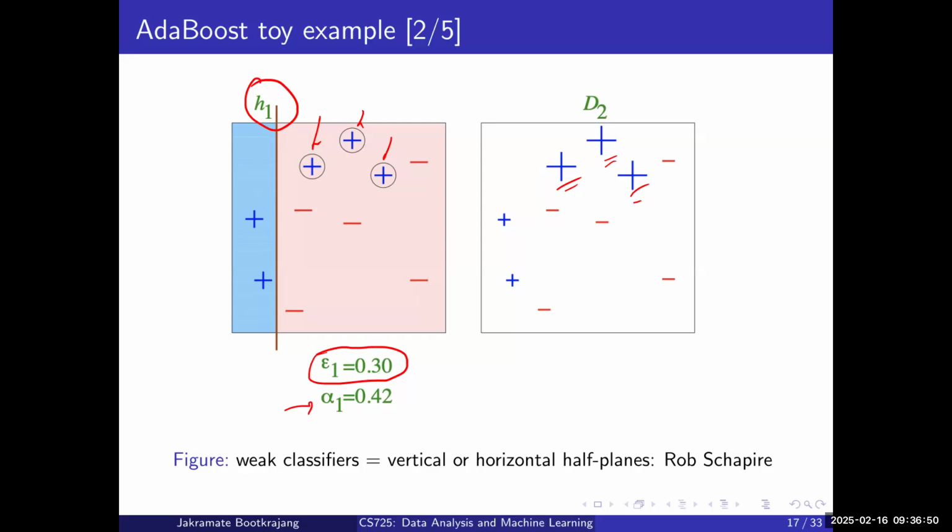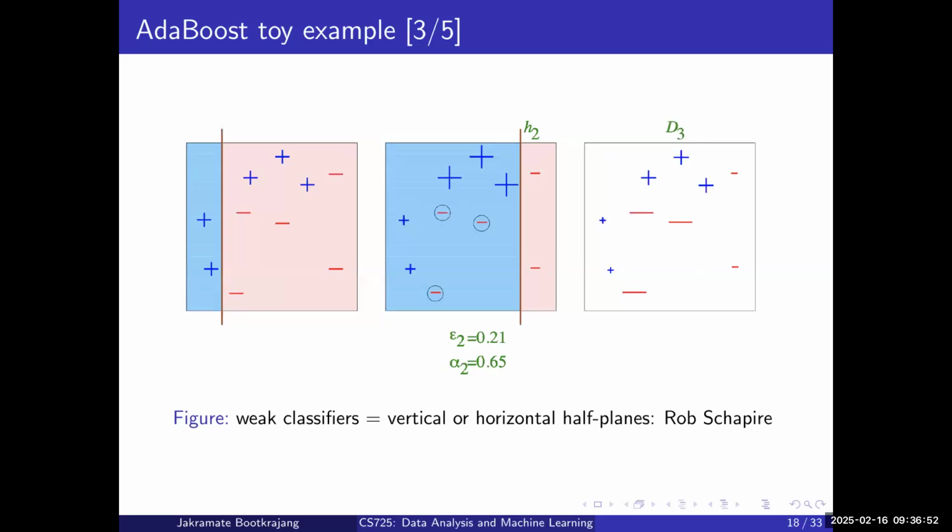So in the second hypothesis, perhaps we pick this line. How many did we get incorrectly? We pick this line, the left should be positive, the right should be negative. We actually got 3 wrong, right?